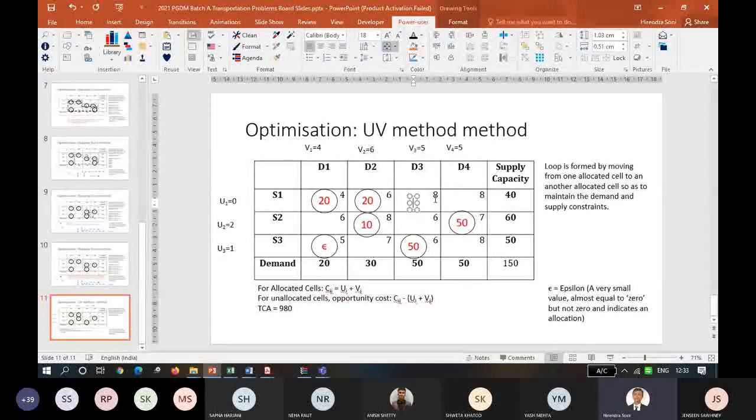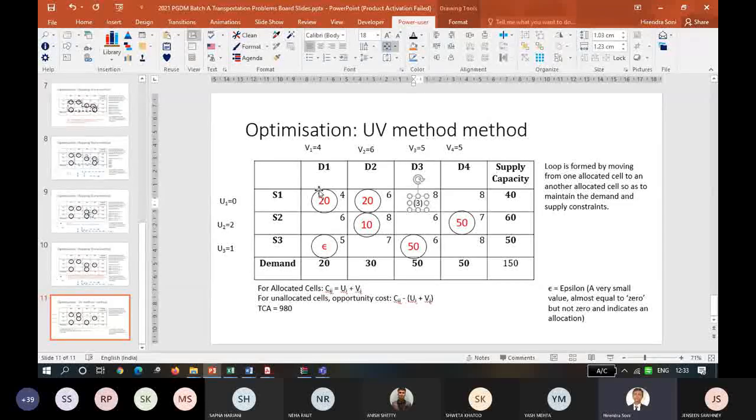So Cij is 8 minus the summation of these two, 5 plus 0. 5 plus 0 is 5, 8 minus 5 is 3. So my opportunity cost is 3.